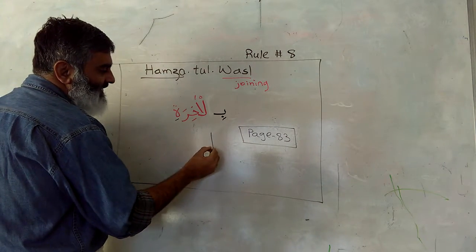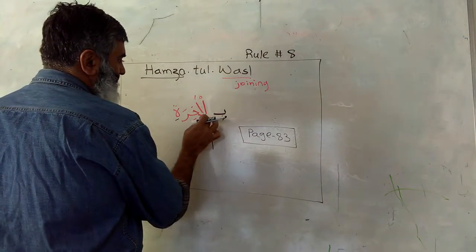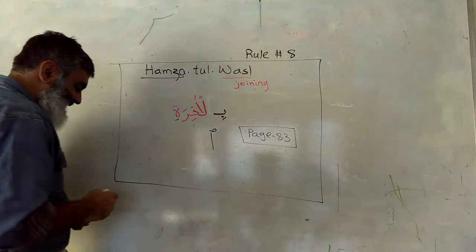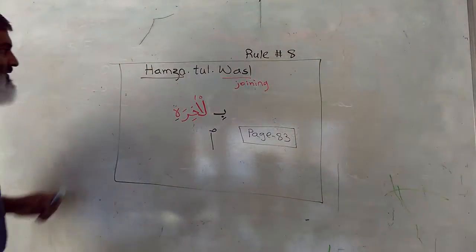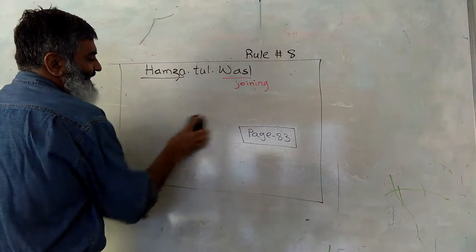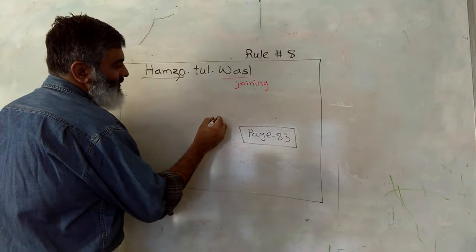So anytime you see alif with this symbol on it, that alif should be skipped. Let's look at an example between the words.